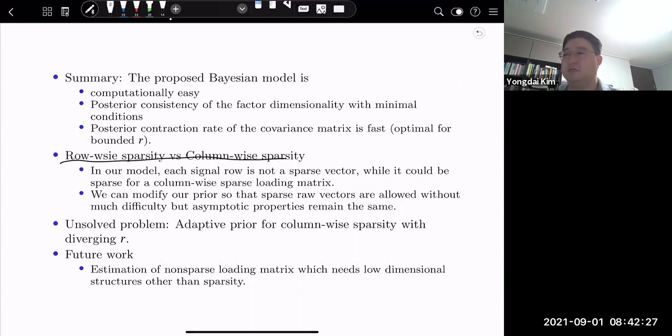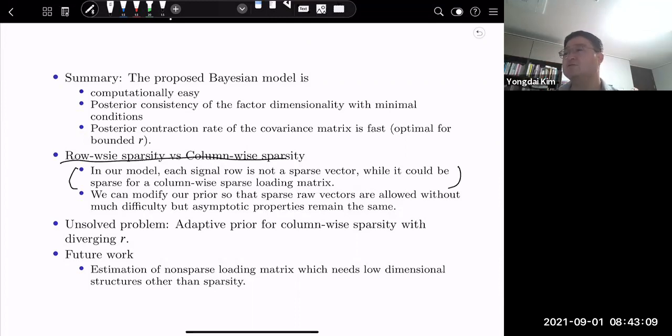Somebody complained about these practical problems of row-wise sparsity, but we found that we can modify our prior so that each non-zero row vector can be made sparse. We found that such a modification does not affect the asymptotic properties, so I didn't present that prior in this talk.